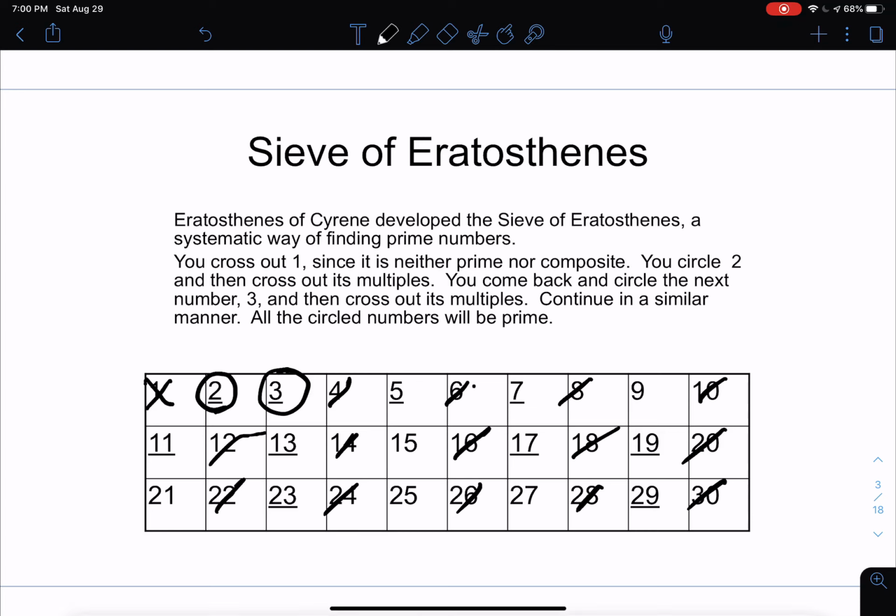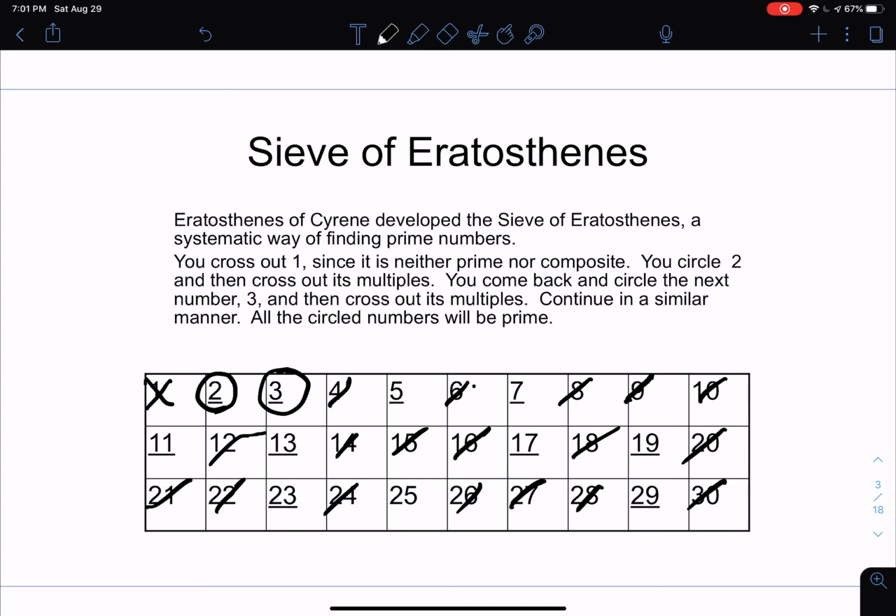Well, 6 is already crossed out because it's also a multiple of 2. 3 times 3 is 9. We'll cross that out. 3 times 4 is 12. Already crossed out. 3 times 5 is 15. Cross it out. 3 times 6 is 18. Already crossed out. 3 times 7 is 21. We'll cross it out. 3 times 8 is 24. Already crossed out. 3 times 9 is 27. We'll cross it out. 3 times 10 is 30. Already crossed out.